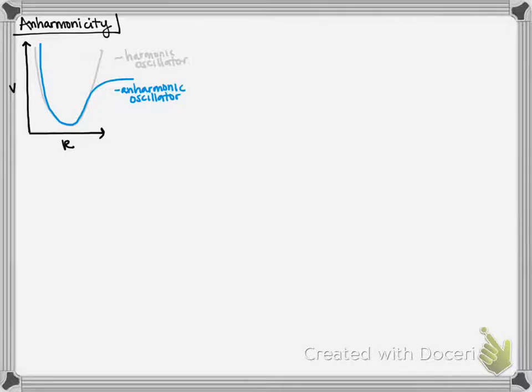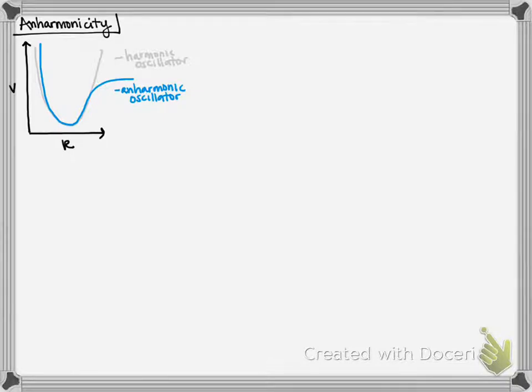So it spikes a little higher in potential energy as R gets small, or as the bond compresses and the nuclei come close together, and it flattens out and reaches a plateau value at large R. Do you remember what we said those things represented? As the nuclei get really close together, we have pretty intense Coulombic repulsion between the positively charged nuclei.